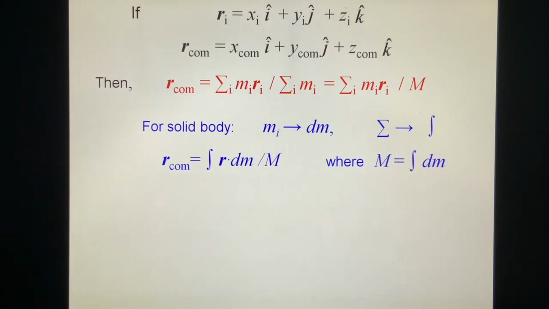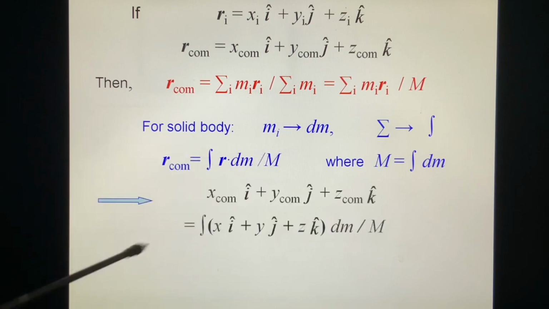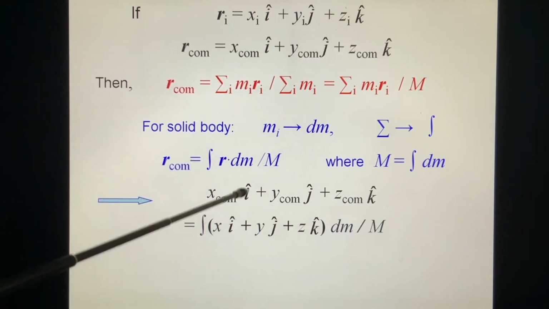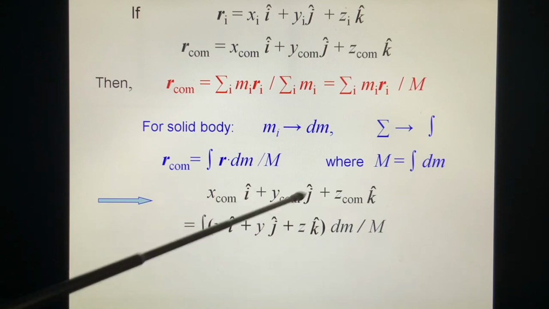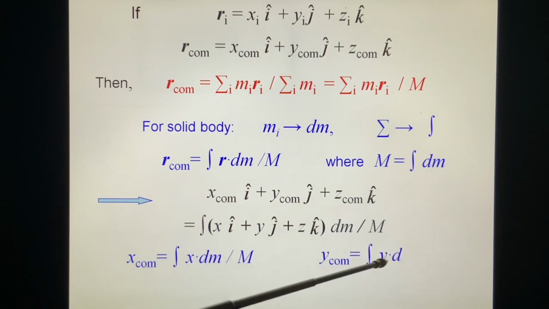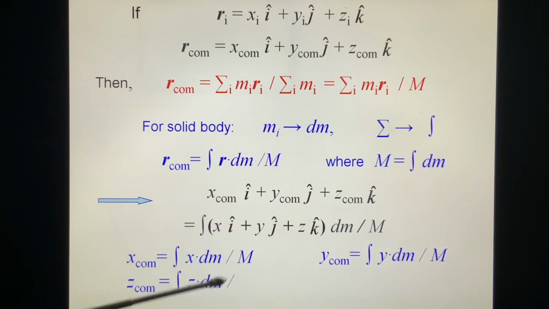And we write this in three components. Comparing the coefficients in front of i, j, k, we get x com equals integration x dm over M, y com equals integration y dm over M, z com equals integration z dm over M, where M is the total mass equal to the integration of dm.